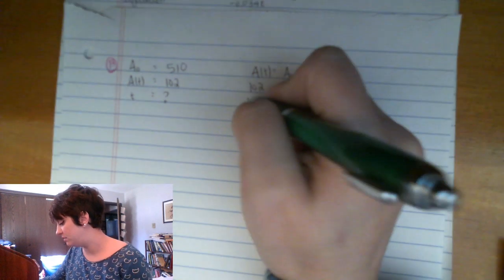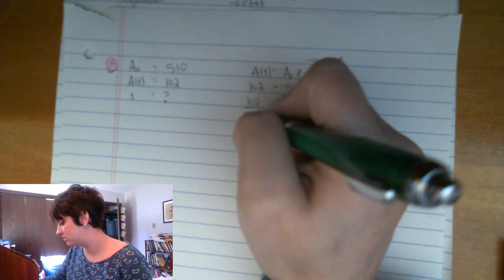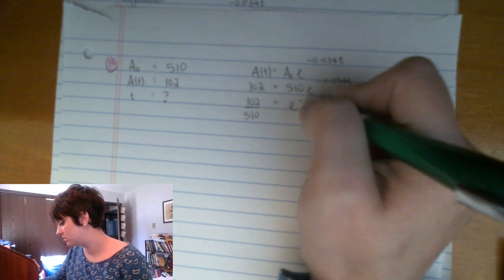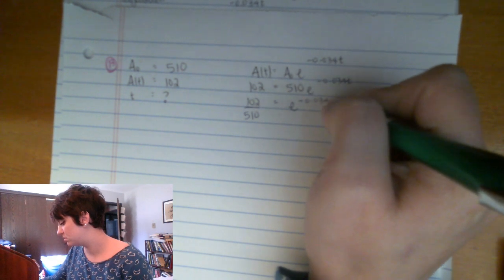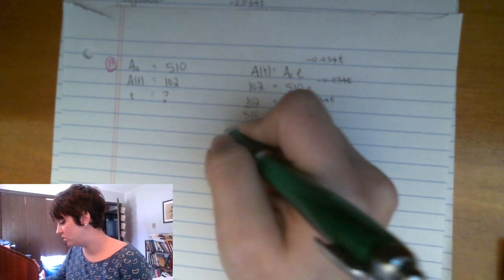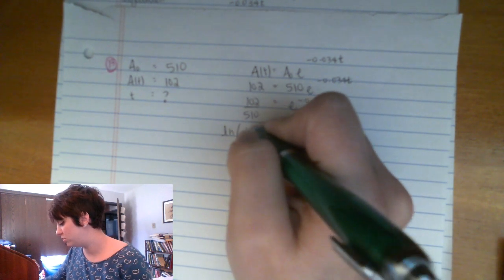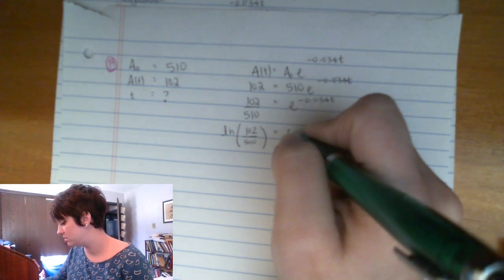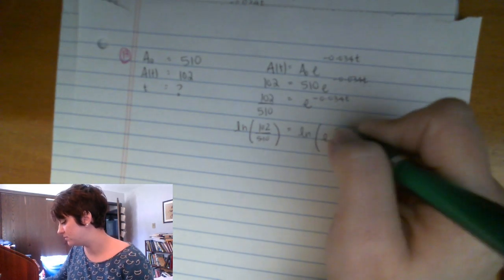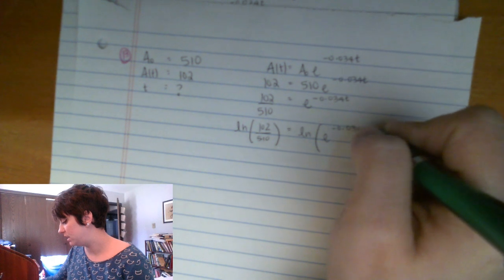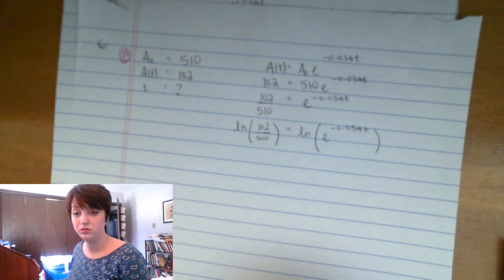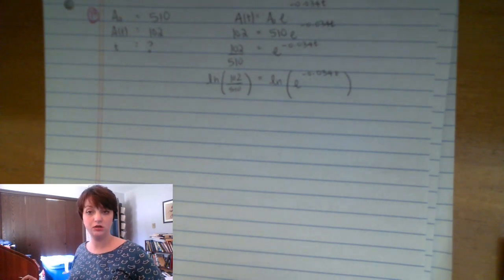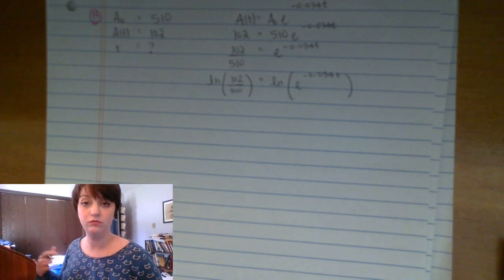So divide by 510. Take a natural log of both sides. I would honestly leave it as 102 divided by 510 so that at the end when you give the decimal approximation in Hawks, you haven't rounded too early.